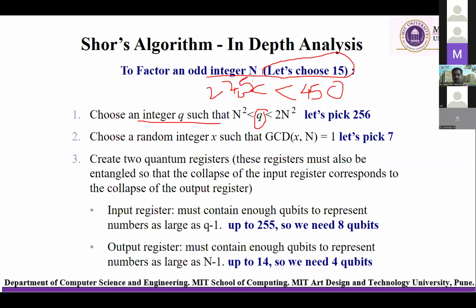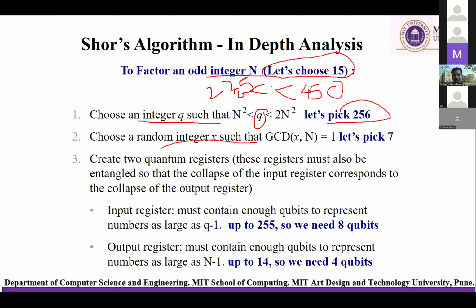Now we have to identify the number between 225 and 450, and if there are 8 qubits, then this q will definitely be 256. So this is the first step: choose the integer q such that this integer q is greater than n square and less than 2n square.